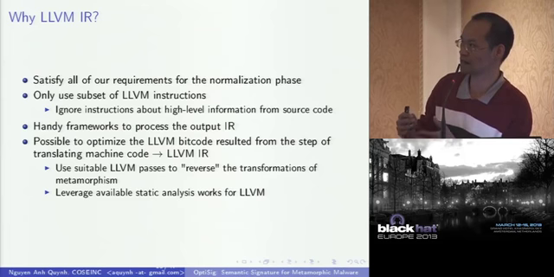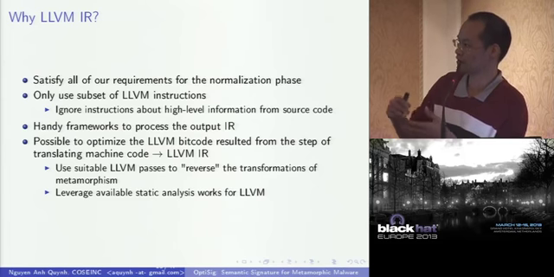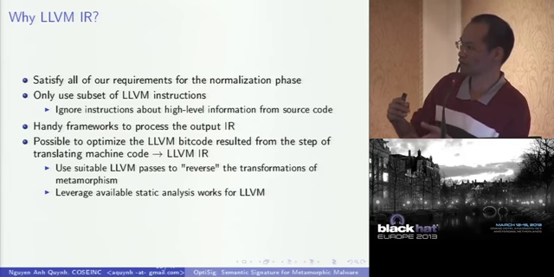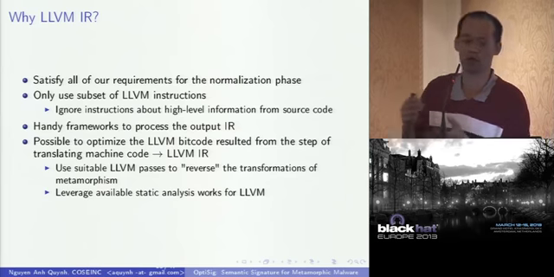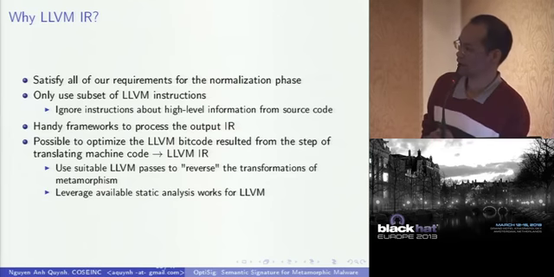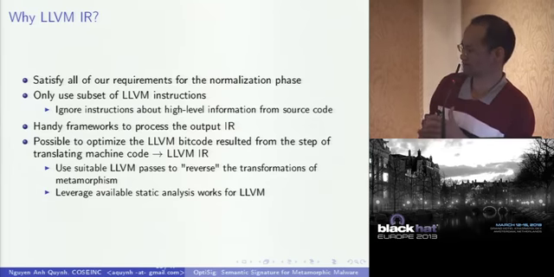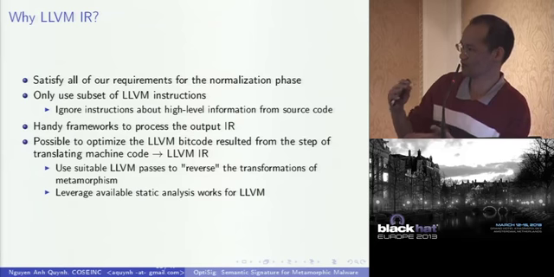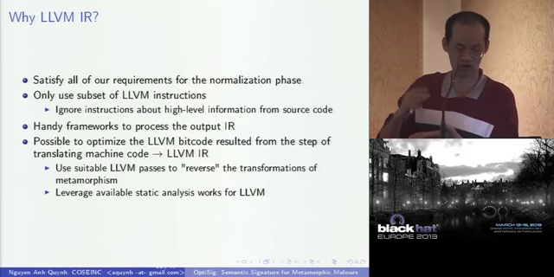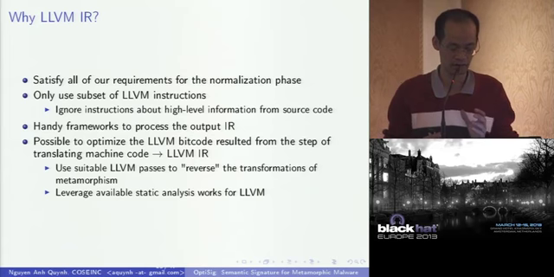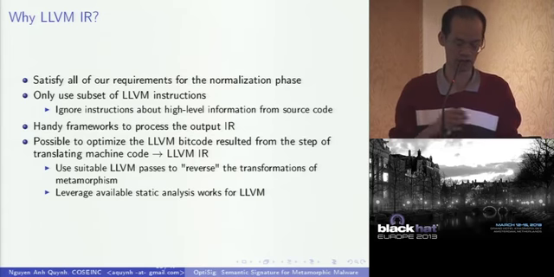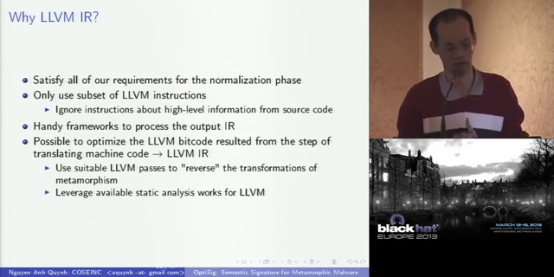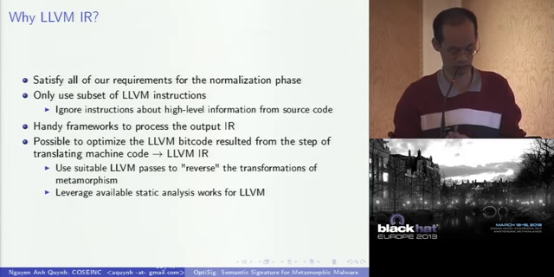So you can optimize the bitcode, and the resulting bitcode from this step is normalized and optimized. We have some LLVM passes that are very suitable, and those passes can be used to reverse the transformation of metamorphic malware.